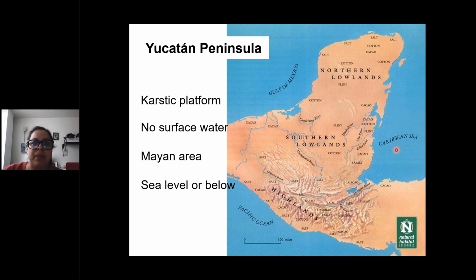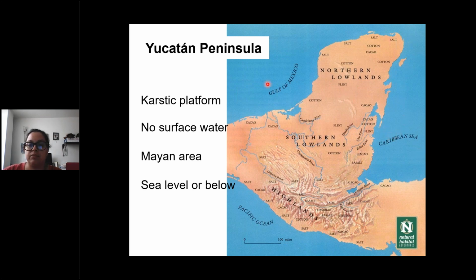So the Yucatan Peninsula used to be underwater millions of years ago in the time of the Earth. All of this used to be a platform that was the home of a lot of coral reefs.